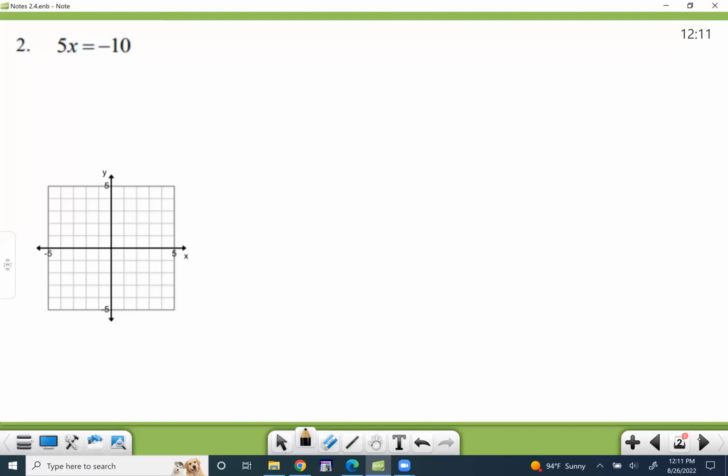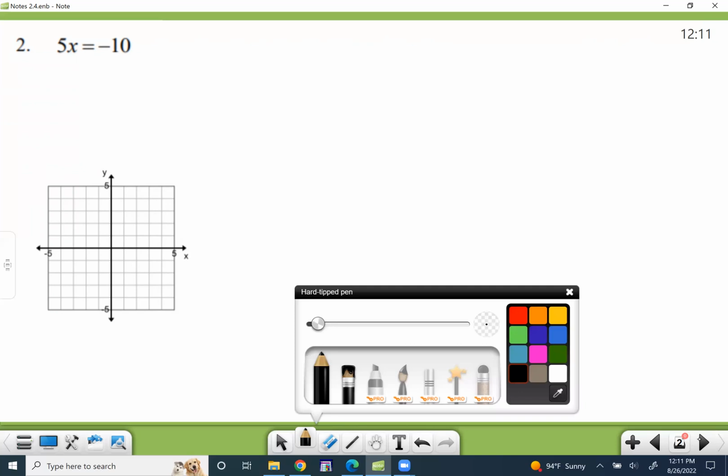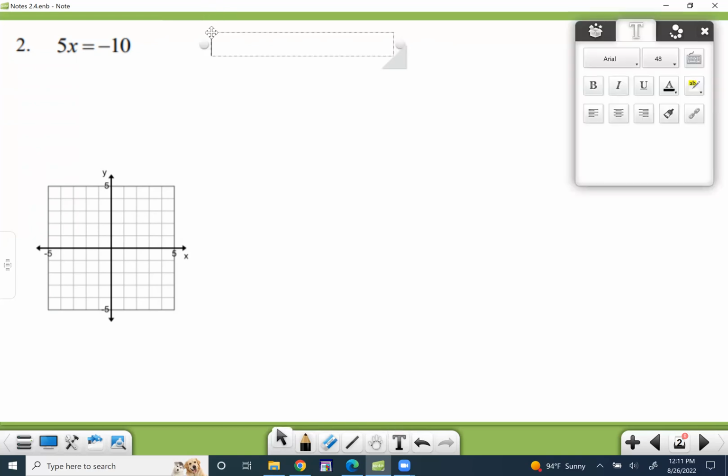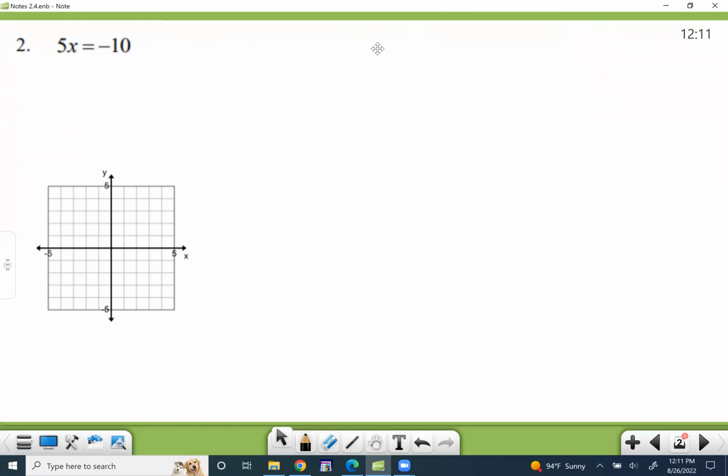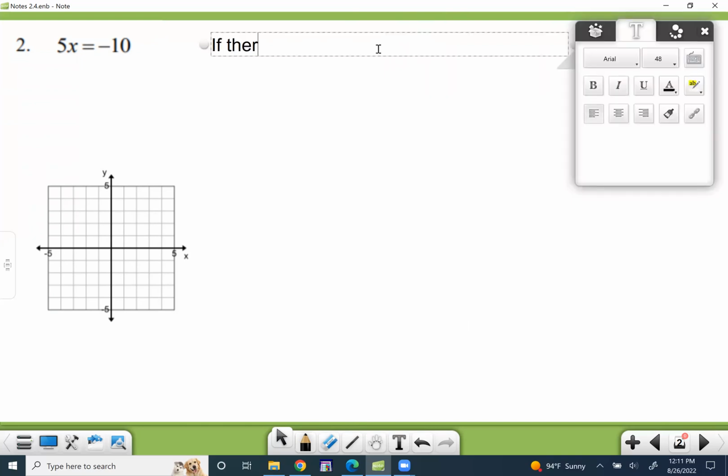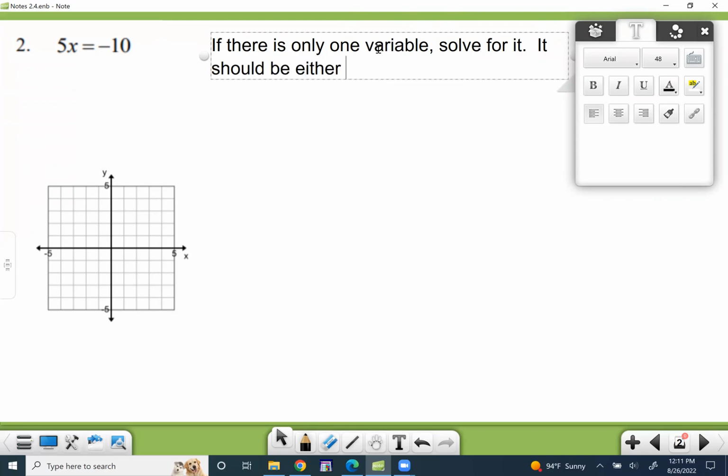This one, I probably wouldn't use x and y-intercepts. You notice that there's only one variable. If there's only one variable, which will be our next 2 examples, then just solve for the variable. It should be either a vertical or horizontal line.